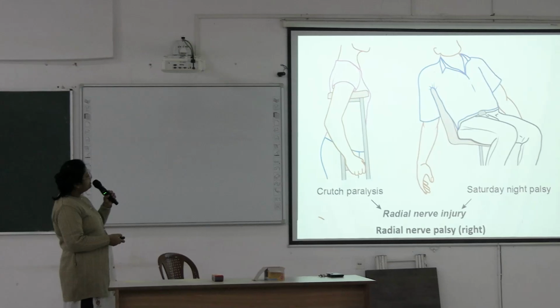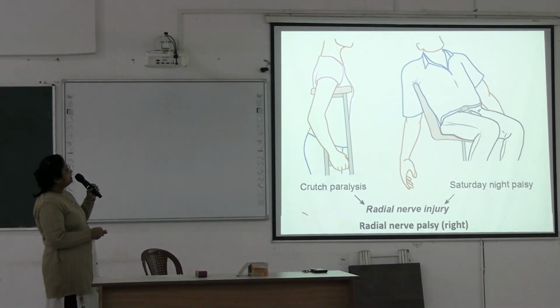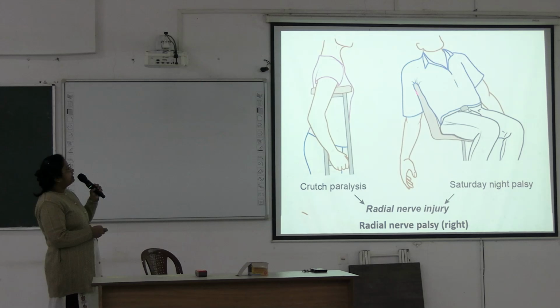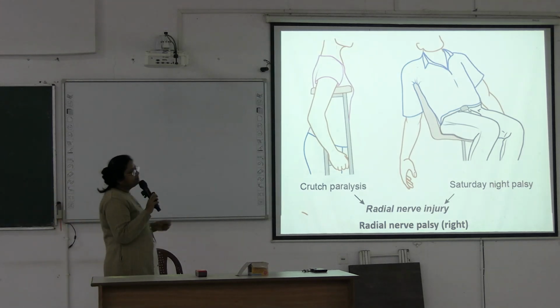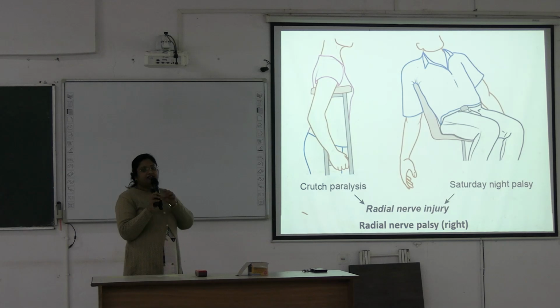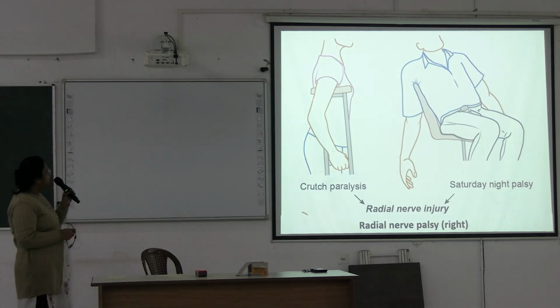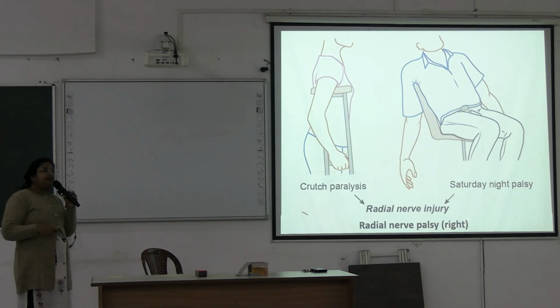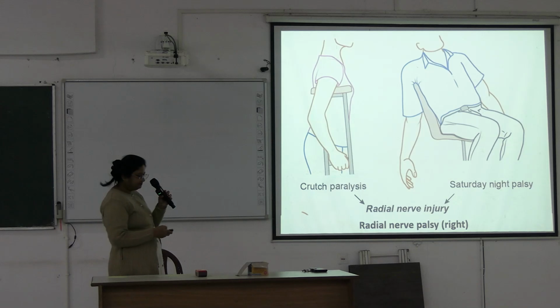See here, this is Saturday night palsy. Here, the radial nerve is compressed by the backrest of the chair in the spiral groove or near the axilla. And this is crutch palsy. The crutch is giving pressure here on the arm and the nerve is being paralyzed at the level of spiral groove or near the axilla.